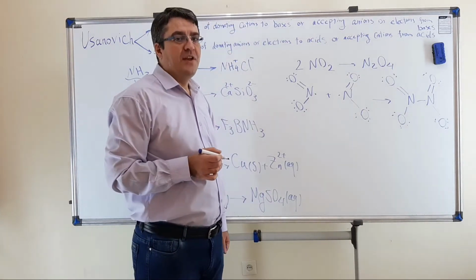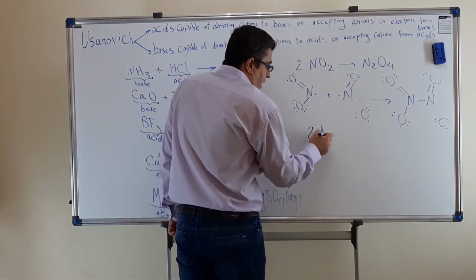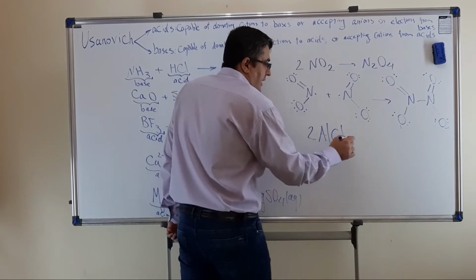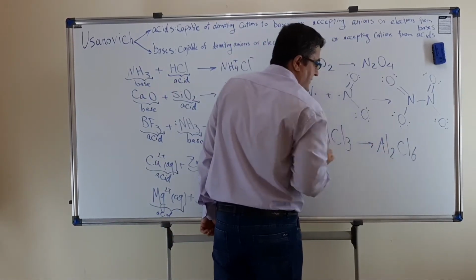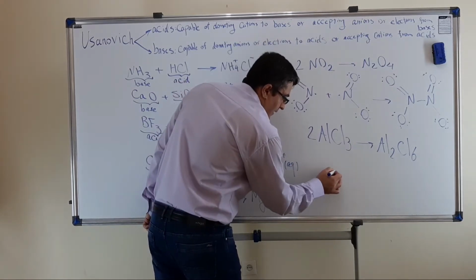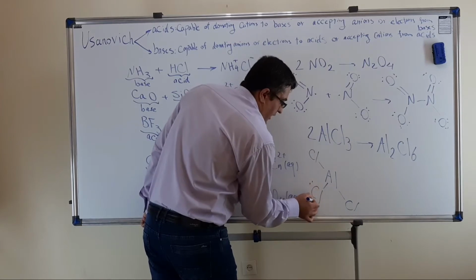On the other hand, let's consider the dimerization of AlCl3, which yields Al2Cl6. Lewis structures are as follows.